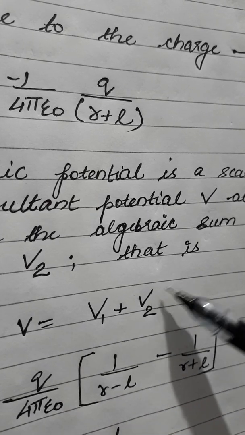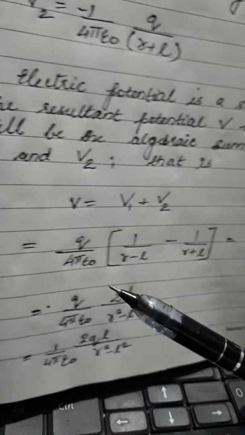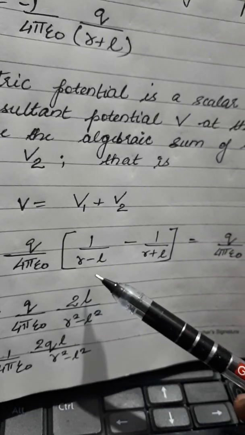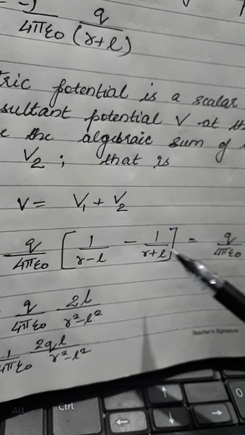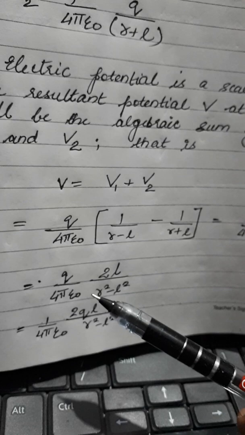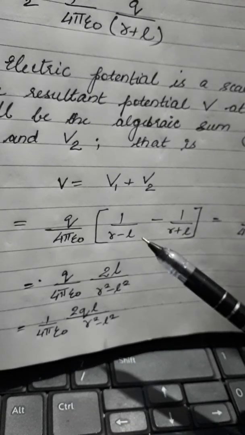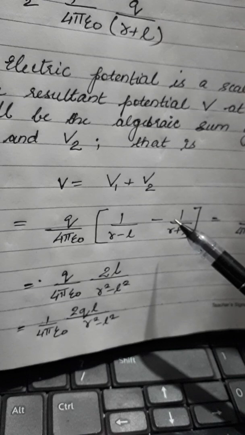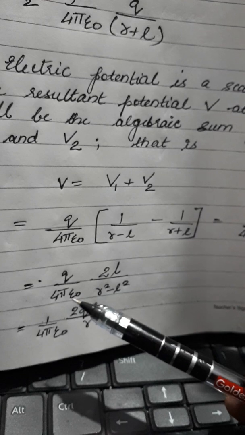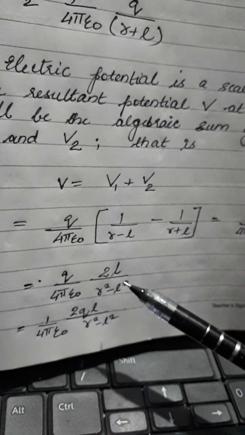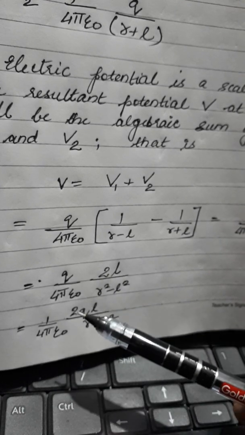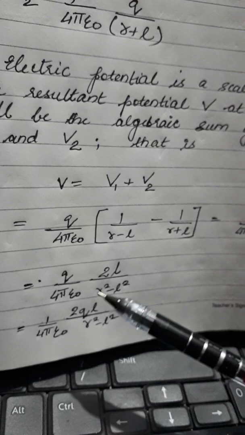So V is equal to V1 plus V2, which can be written as V is equal to Q upon 4 pi epsilon naught, 1 upon R minus L minus 1 upon R plus L. Then if I take the LCM, we get Q into 2L upon 4 pi epsilon naught R square minus L square. But on the numerator it becomes 2QL.